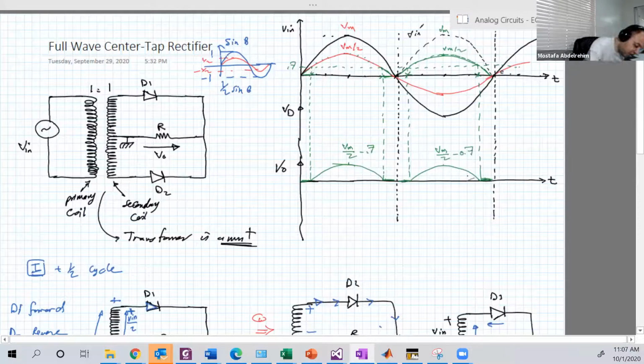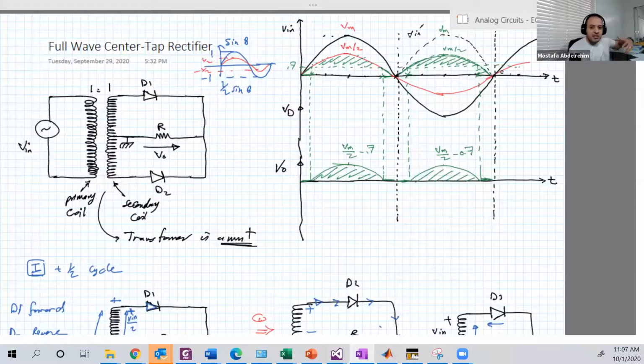This is of course exactly like this. And again, this one here is exactly like this one.